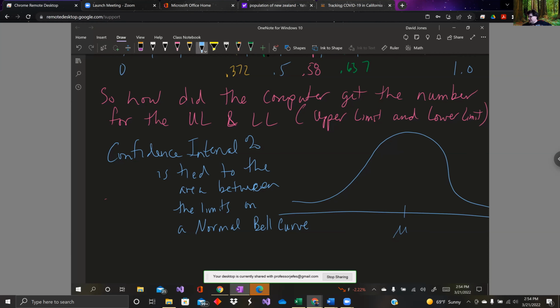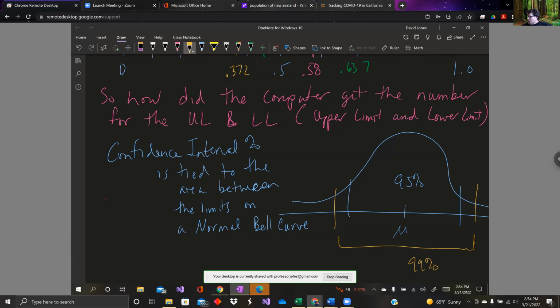So 95% is one width. If I want to be more confident, I could extend it outward. Maybe that's 99%. I've made that window bigger, so there's a greater chance that the true proportion lies in it.